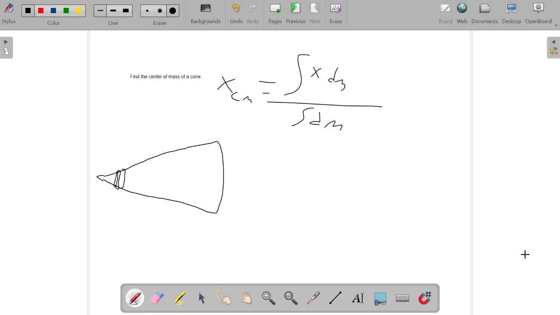So you can turn dm into things. First you can say that dm is equal to the density times dV, where dV is each little piece of volume.